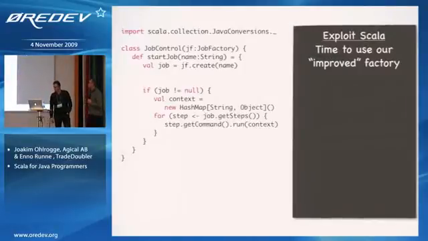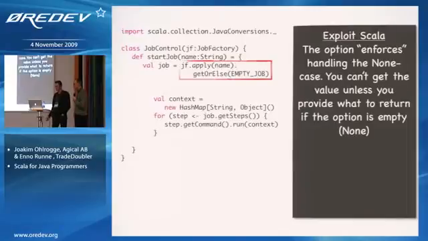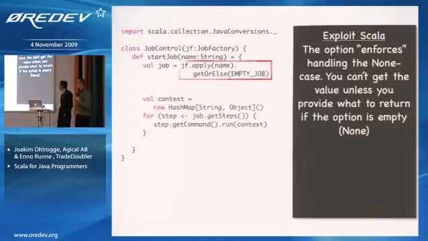Good. So now we want to make use of the job factory apply method in our Scala code. Here we still use the Java version with JF create, and we now want to change to the improved stuff, which is the apply method.